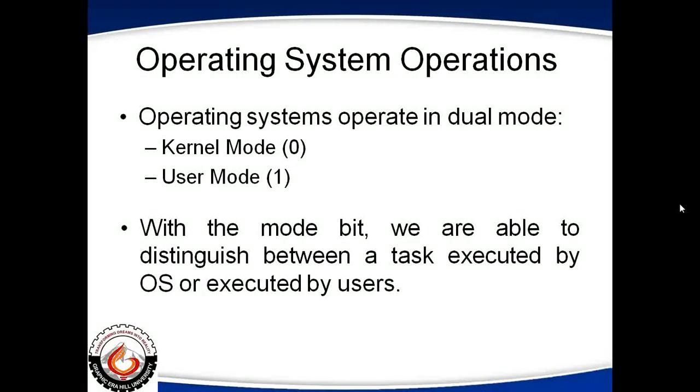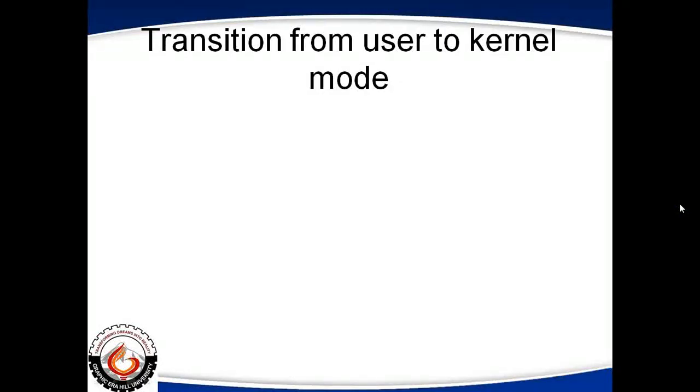With the help of mode bit, we are able to distinguish between a task executed by OS or executed by users. Task executed by operating system means task executed in kernel mode. For execution of any task by user, firstly user creates a task, and puts a command or generates an interrupt signal.